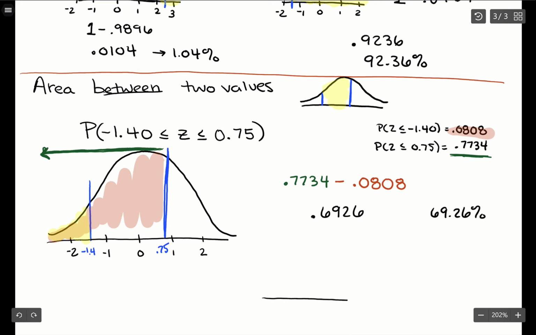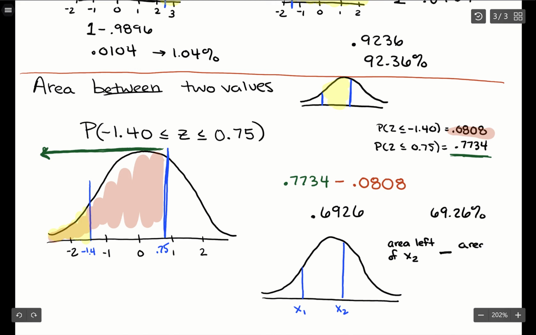So with these cases of looking between two values, you'll have to use the table twice. You'll always have a larger x value and a smaller x value. So what you want to do is use the table and take area left of your larger value, so I'll call that x2, and then subtract out the area to the left of the smaller x value, or z-score really is our letter that we're using.